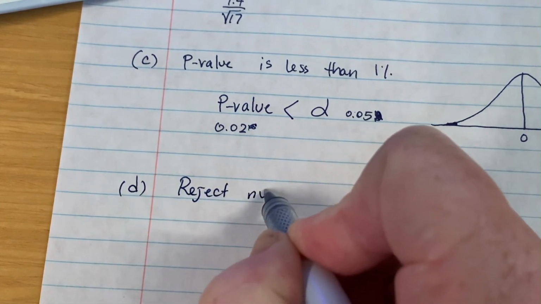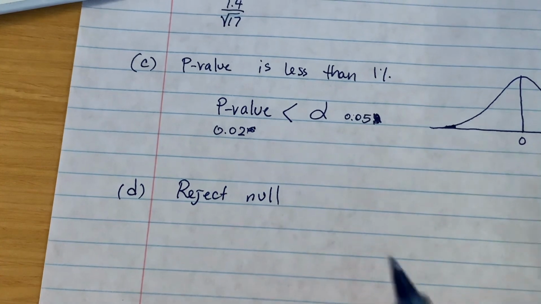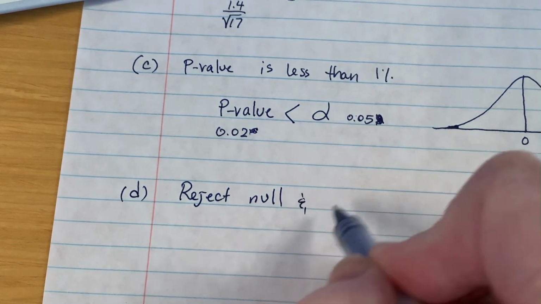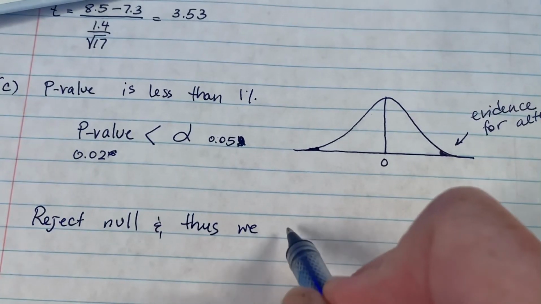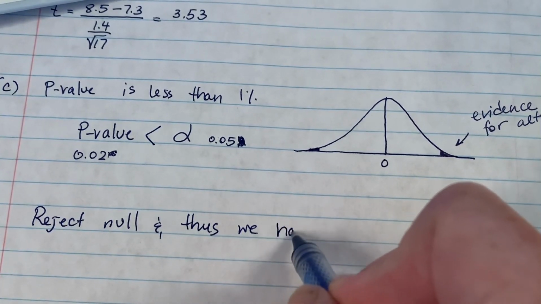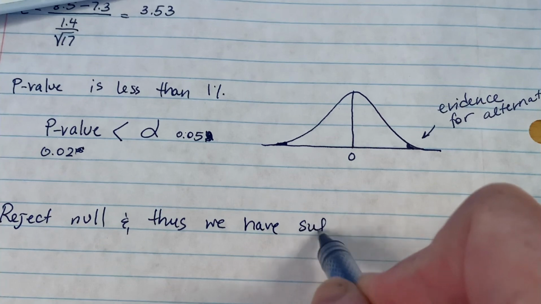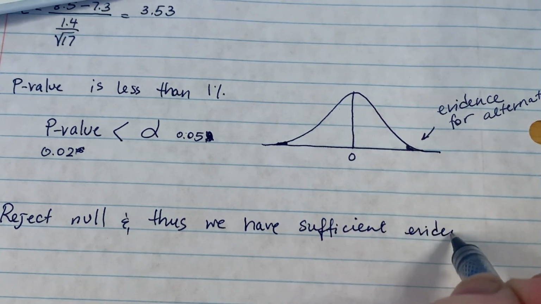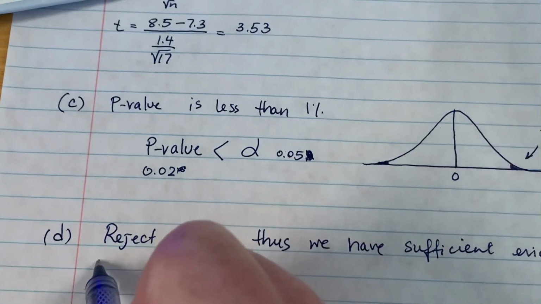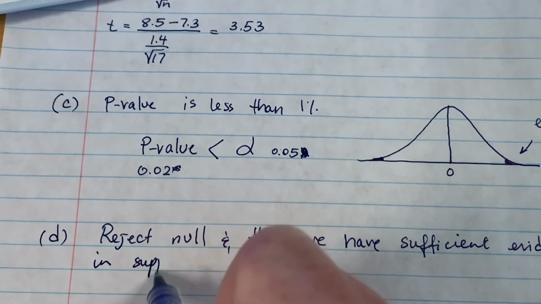And remember that my claim was on the alternative. Thus we have sufficient evidence in support of the alternative, in support of our claim.